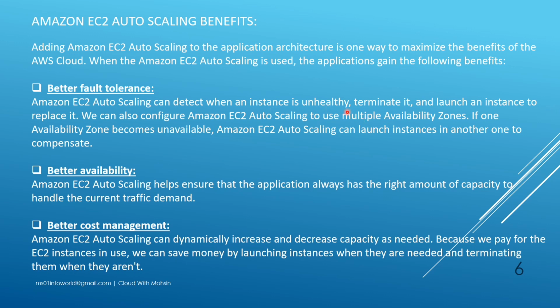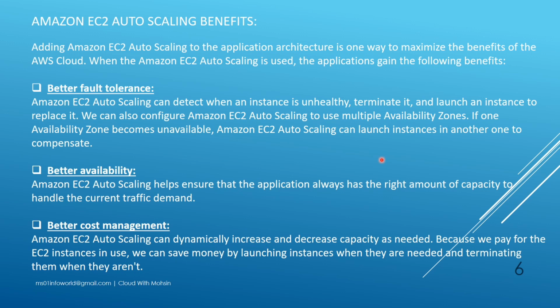If an EC2 instance is unhealthy, it will be terminated, and immediately another instance will be launched to ensure the minimum, maximum, and desired capacity is always fulfilled. And if our application is using multiple availability zones and any one becomes unavailable, this is also taken into consideration, and auto scaling launches the instances in another availability zone. So that also ensures better fault tolerance.